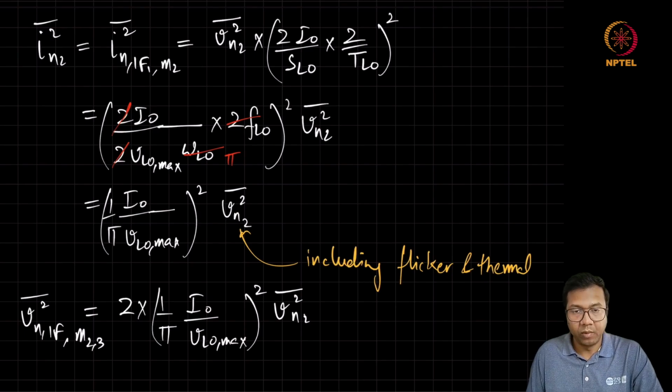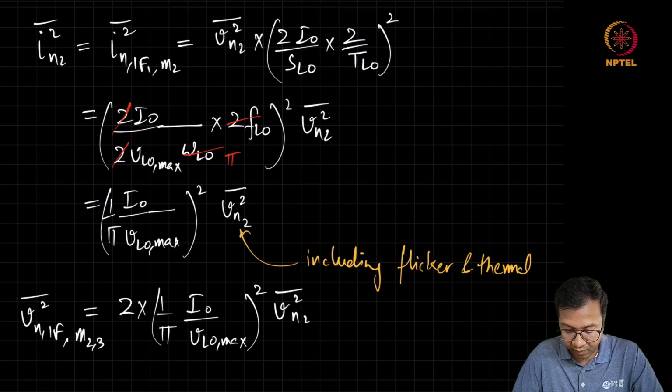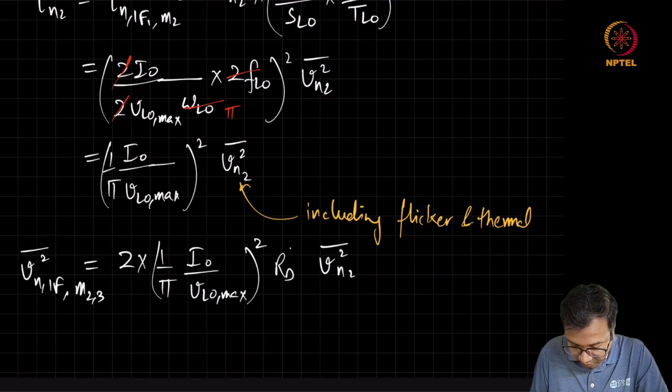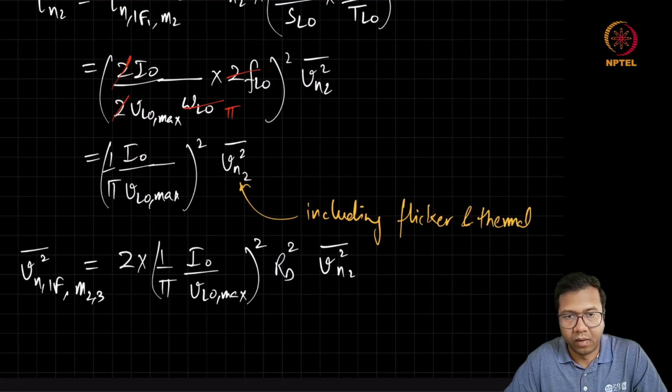Okay, because this VN2 noise PSD is the same as VN and the noise PSD of M3. This is the current noise PSD. It will also multiply with RD square. And now it is voltage noise PSD.